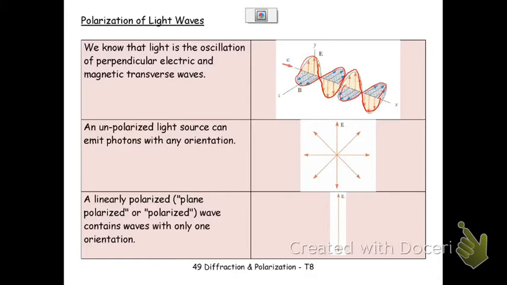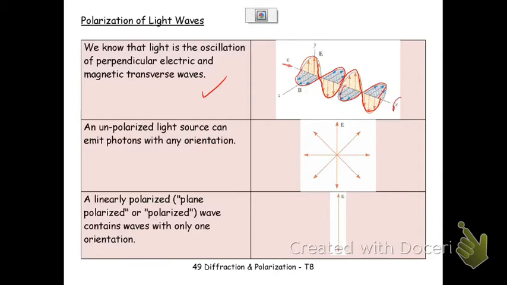We know that light is an oscillation of perpendicular electric and magnetic transverse waves. An unpolarized light source, like a typical filament lamp, an old-fashioned light bulb, or the sun, emits photons with any orientation. What that means is, forget about the magnetic field, just look at the E field.